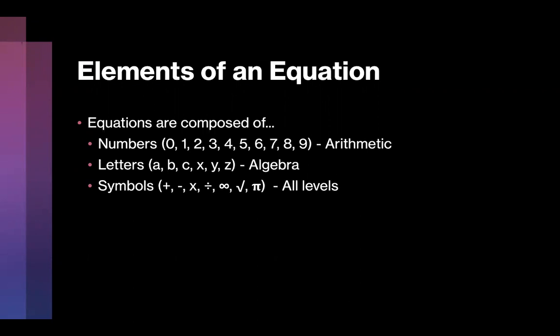The letters will be like placeholders. The symbols are nothing more than shorthand. So instead of saying 5 in addition to 7, I just put the addition sign, and that sign represents that word. Does that make sense?